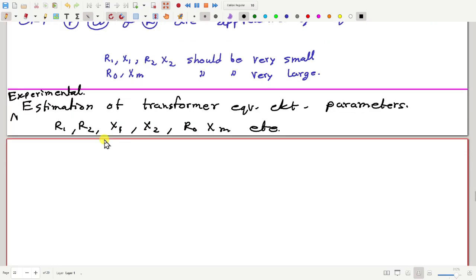Now, we will perform two experiments, two tests, which are called the open circuit test and short circuit test. That's our next topic.